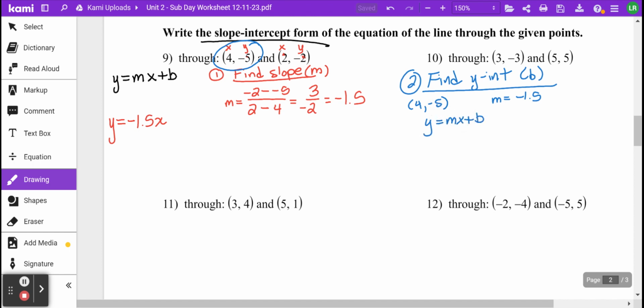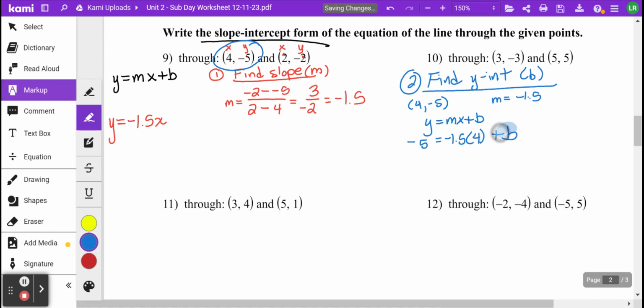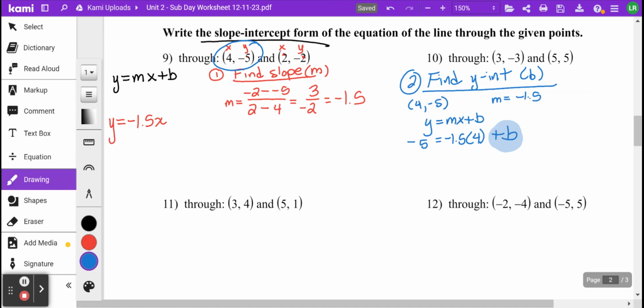So my y is negative 5. My m is the negative 1.5. And the x is our 4. The only thing we don't know is the b. It's the only thing we haven't figured out. So let's solve this.